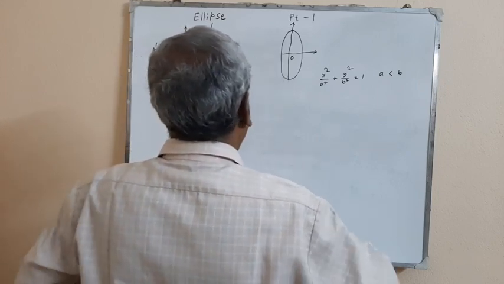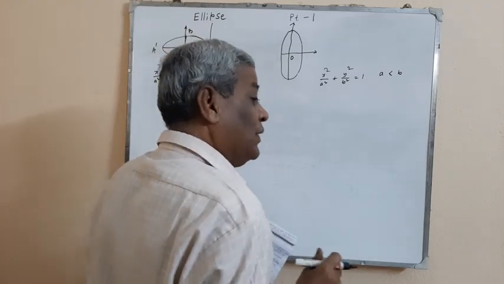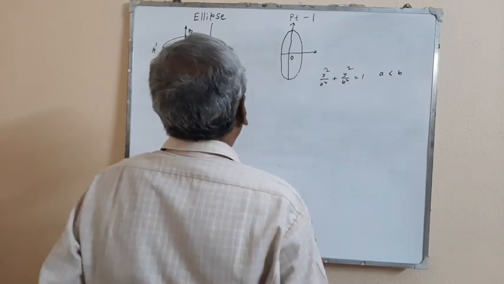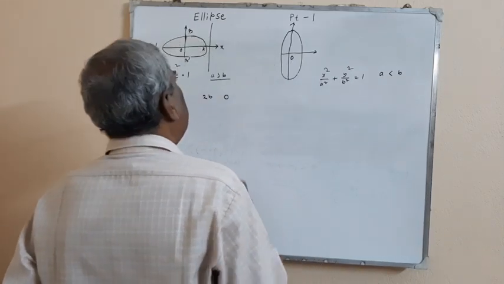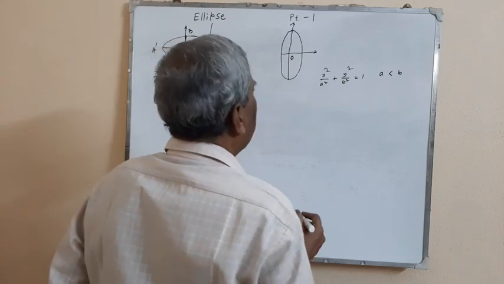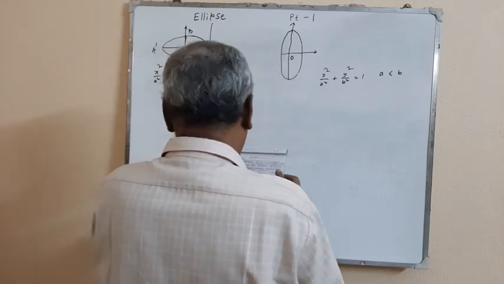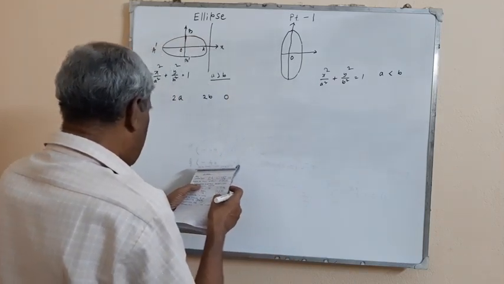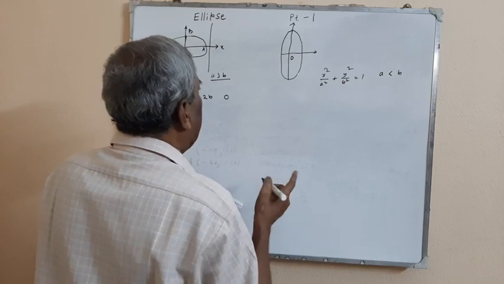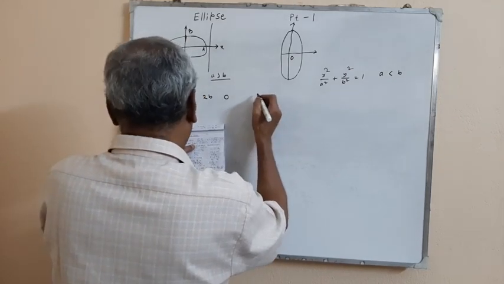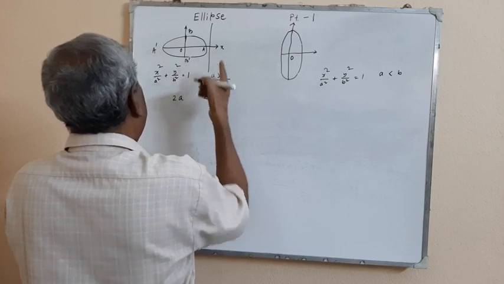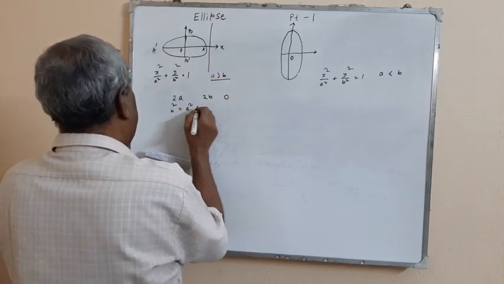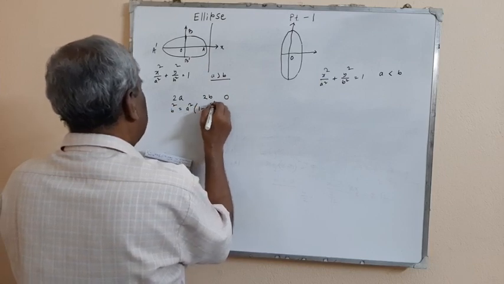There is a relation between A, B, and E. SP by PM is equal to E. That is known as the eccentricity of the conic, the ellipse. The relation between A, B and E is, for the case when A is greater than B, B square is equal to A square into 1 minus E square.